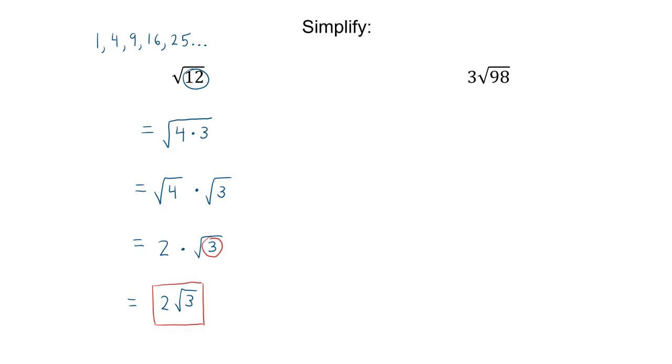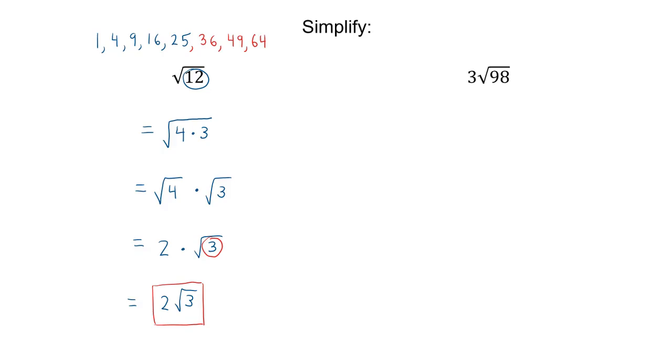So let's list out some more perfect squares so we can keep checking to see if there are any perfect squares that will evenly divide 98. The next perfect squares are 6 times 6, which is 36, 7 times 7, which is 49, 8 times 8, which is 64, and I can stop my list there because 64 is well more than half of 98.